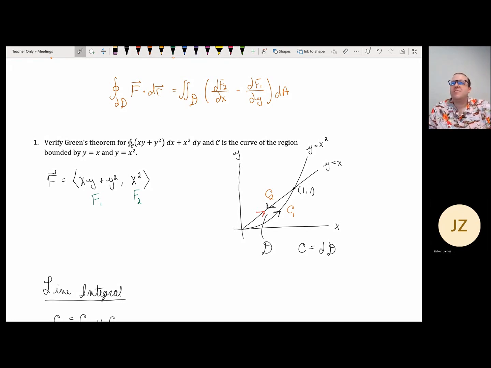What was the question again? Look at that double integral. If f is conservative, would that be zero? Why?